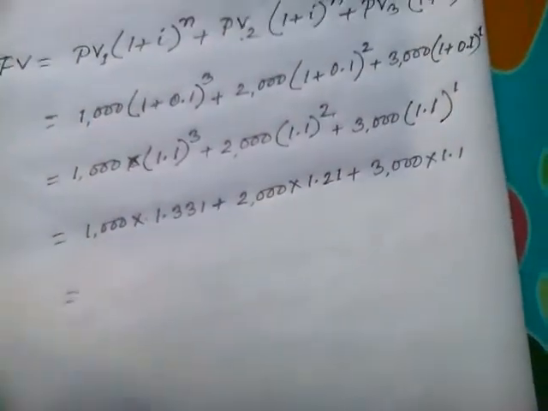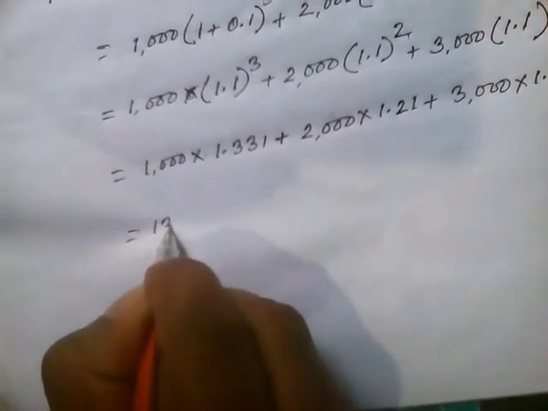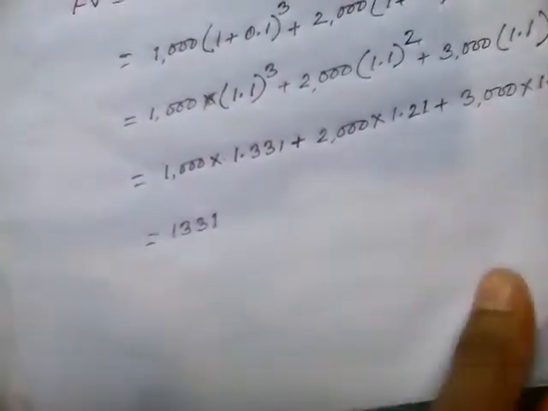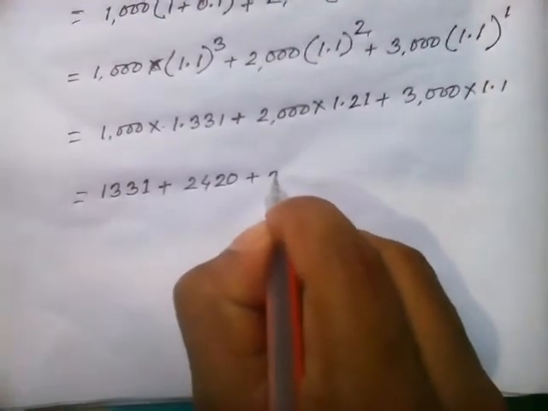Now if we multiply, we get 1000 multiplied by 1.331 equals 1331, plus 2000 multiplied by 1.21 equals 2420, plus 3000 multiplied by 1.1 equals 3300.